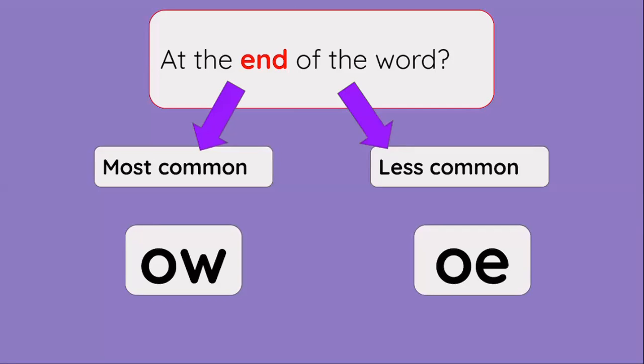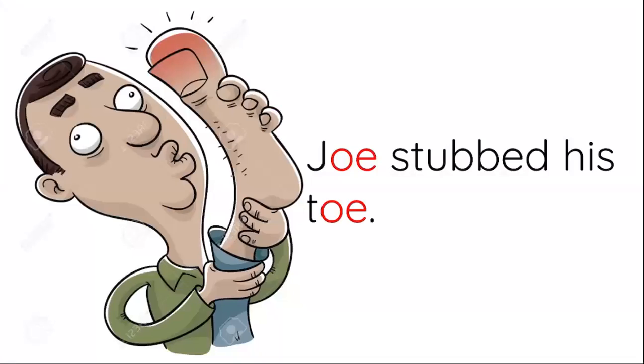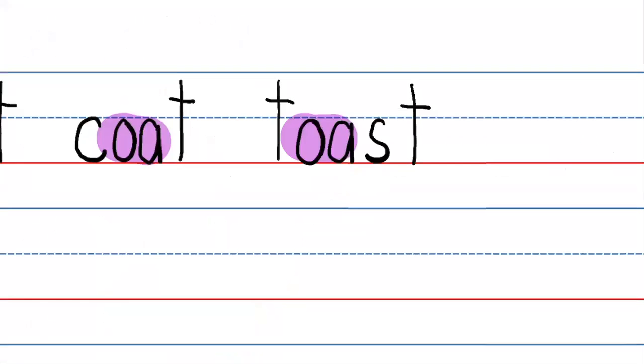And then we have a couple of words where we use an OE. Okay, that's not very common. There's just a couple of words, and let me show you what those words are. The words where we use the OE are Joe and toe. And I want you to remember, Joe stubbed his toe. And we're going to spell those with the OE to say O.